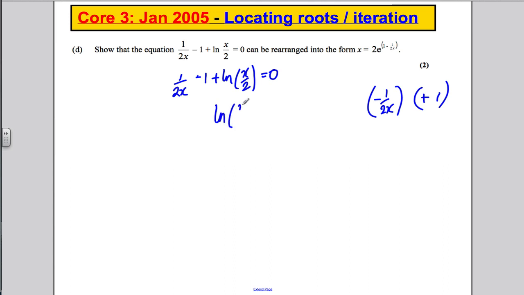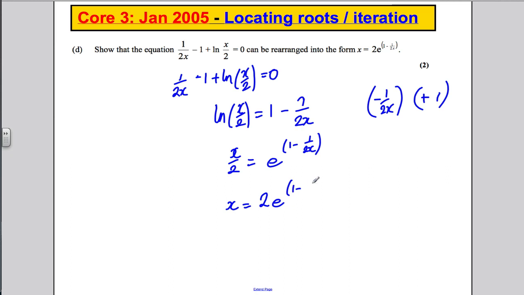So I get ln x over 2 is 1 subtract 1 over 2x. Then I could take exponentials of both sides, so x over 2 would therefore be e to the power of 1 subtract 1 over 2x. And then I could times both sides by 2, so x must be 2e to the 1 minus 1 over 2x, and you've got what you were looking for.